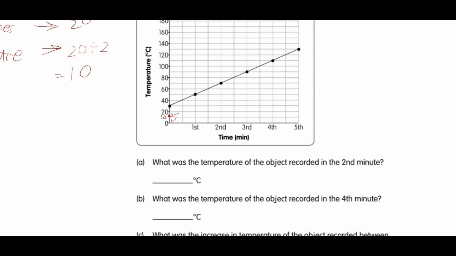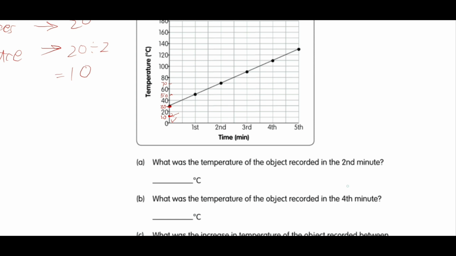So every time you increase by one space, the temperature increases by 10. So it's 20 plus 10, 40 plus 10, 60 plus 10, and so on.